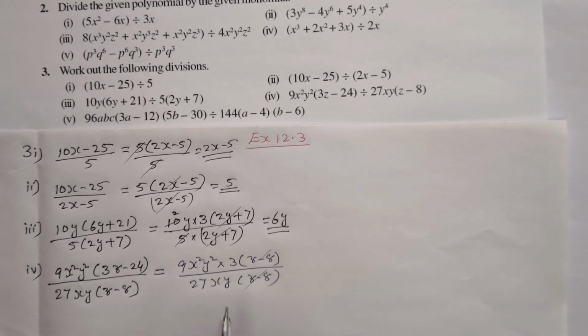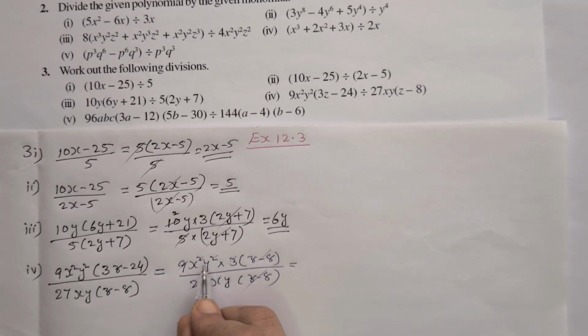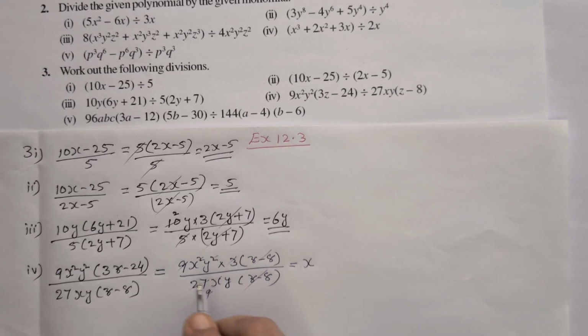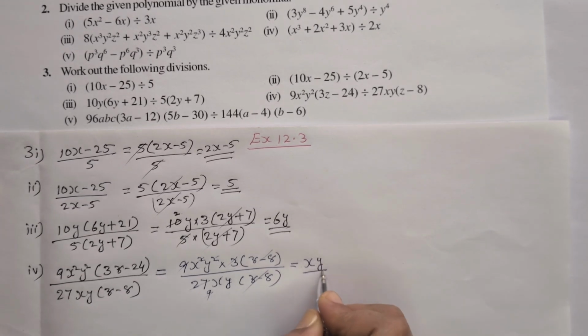That bracket z minus 8 we can cancel. Here when we are dividing with 3, 9 times, that 9 will cancel. hy 1 time, that will go, and the remaining h square means h into h. 1 h will cancel, then 1 h is remaining. y square means y into y, and here 1 y, so that we can cancel, then 1 y is remaining, which means the answer is hy.